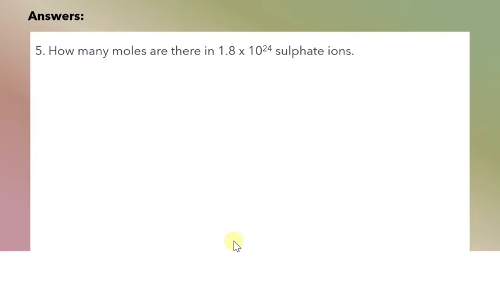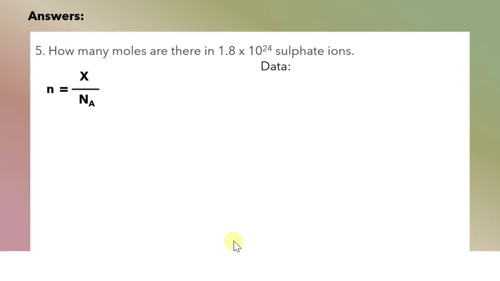Then number 5, we have a question which says how many moles are there in 1.8 times 10 to the power 24 sulfate ions. To answer this, we'll say number of moles is equal to X over Avogadro's constant.